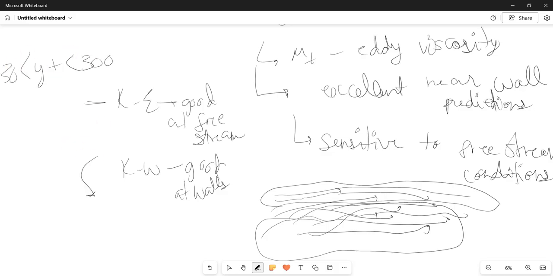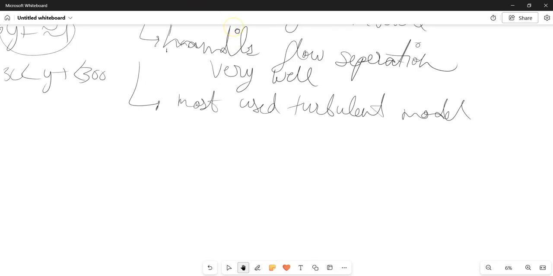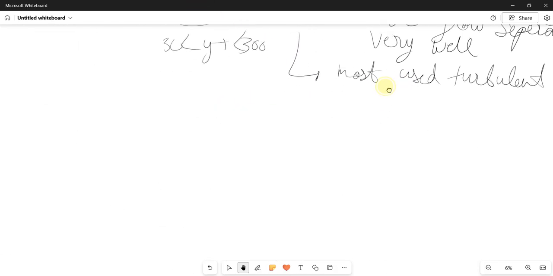For SST, since it's near walls, you need finer mesh refinement near the wall, so y plus less than or equal to around 1. These are the important models.